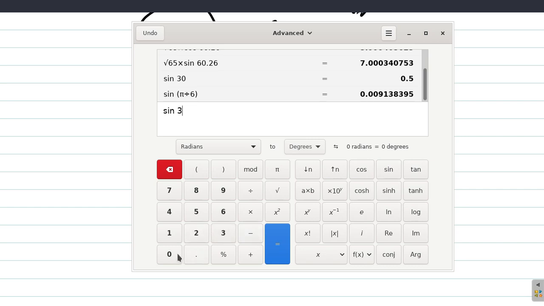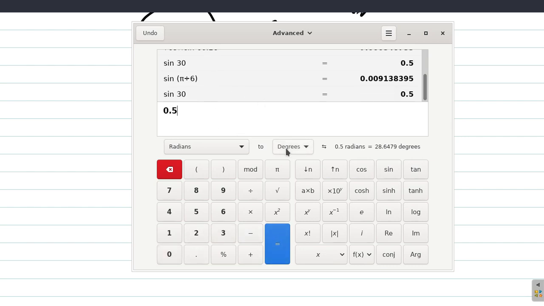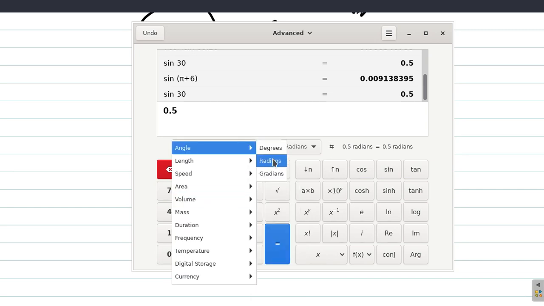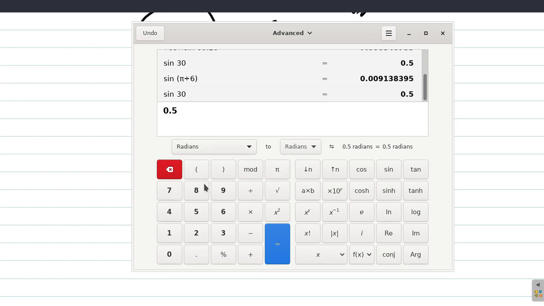Sine 30 equal 0.5, it's in degree mode. If I put it in radian and find sine 30 again, 0.5. So I put this one in radian, and I say sine 30 radians, and it says 0.5.